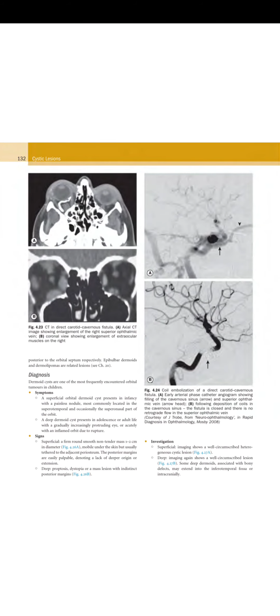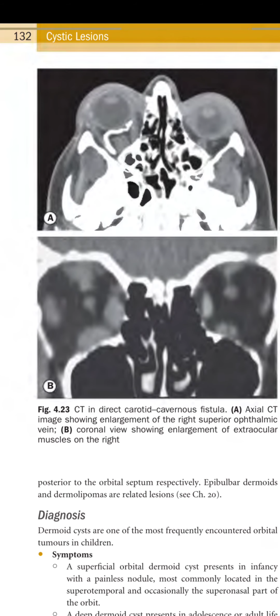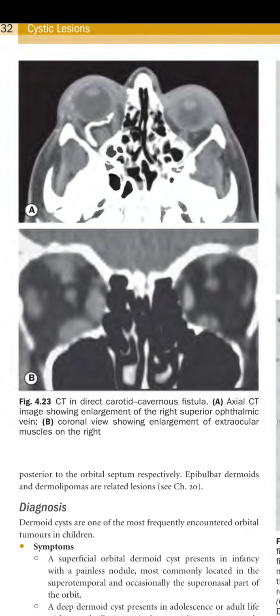So we can see figure 4.23, and you can see here the prominent superior ophthalmic vein, and this is the enlargement of the extraocular muscle in this right eye. So CT in a direct carotid cavernous fistula: A is showing axial CT imaging showing enlargement of the right superior ophthalmic vein, and B is showing the coronal view showing enlargement of the extraocular muscles on the right.